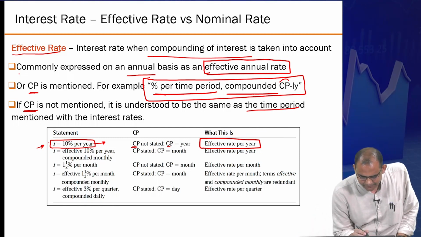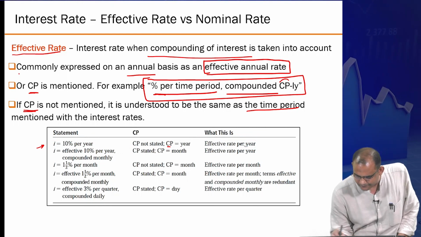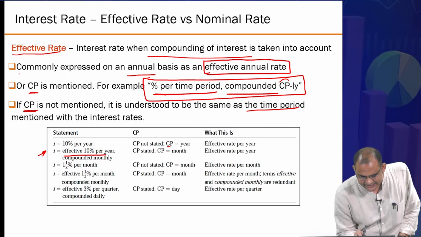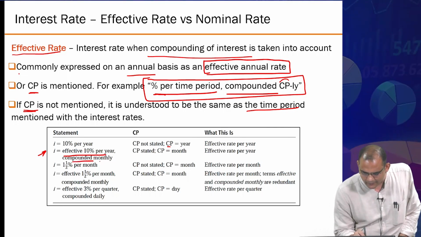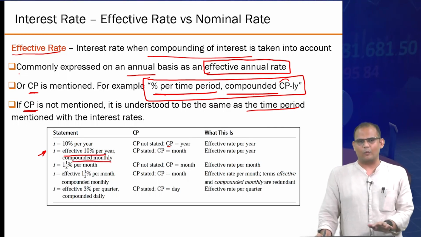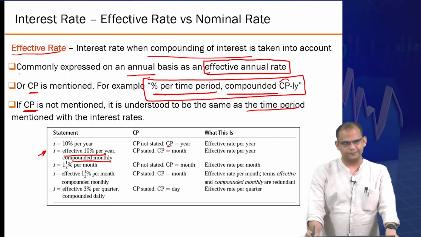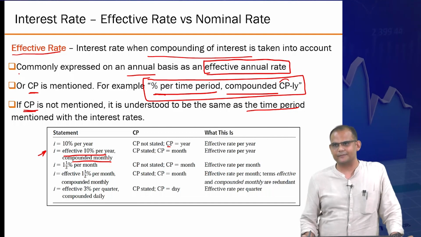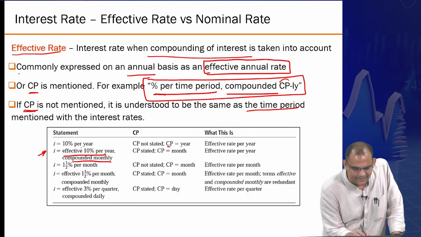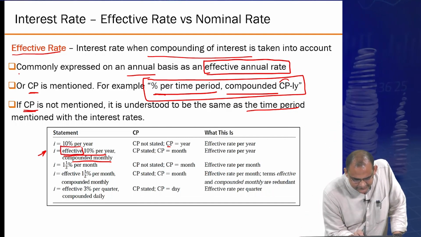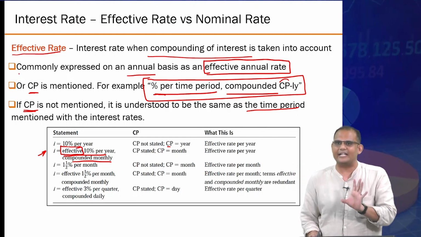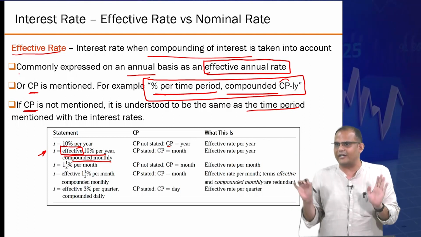Suppose I make a statement: effective 10% per year, compounded monthly. What is T here? T is year, CP is month. But I am mentioning the term effective. It means that at the back of the calculation, I have already accounted for whatever compounding effect comes.